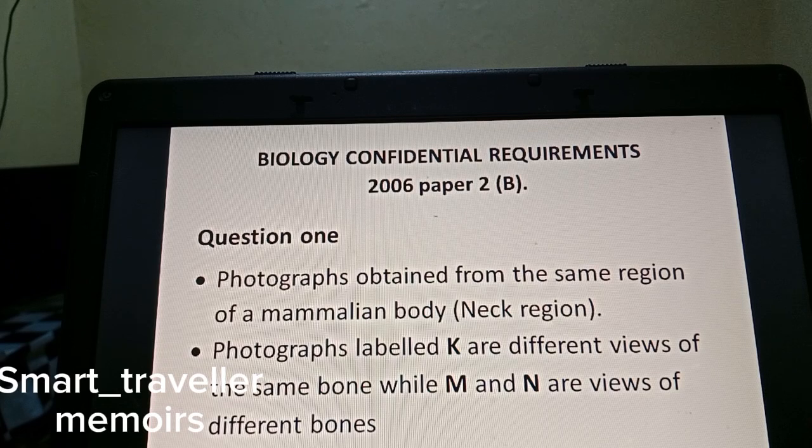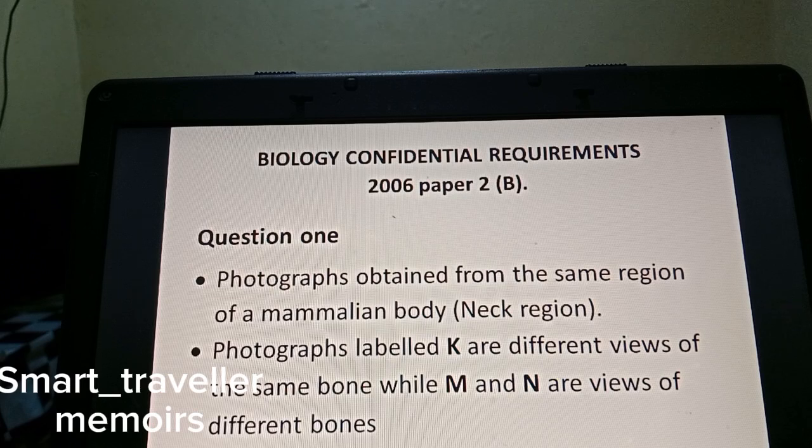So guys, question 1 on the confidential paper was silent. Remember, they don't tell you which question is which. They just tell you the materials which you prepare for that examination.